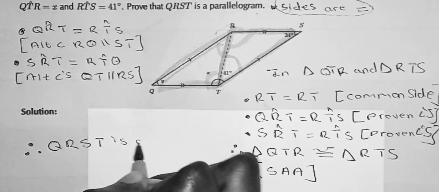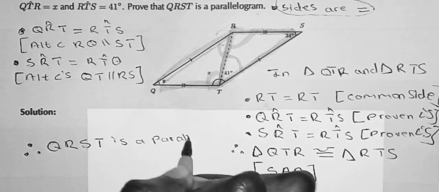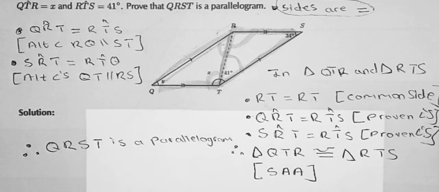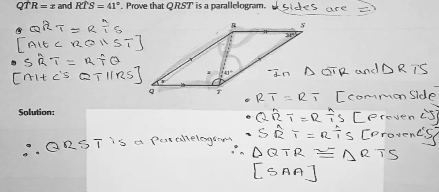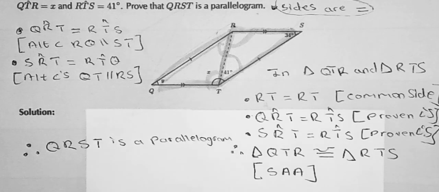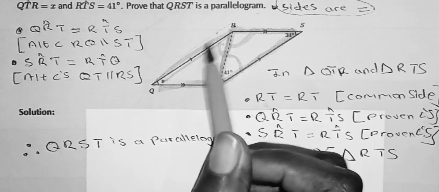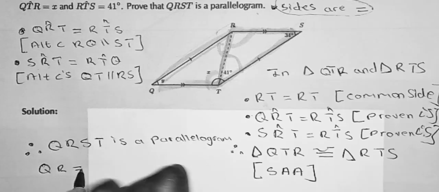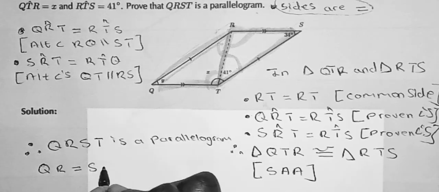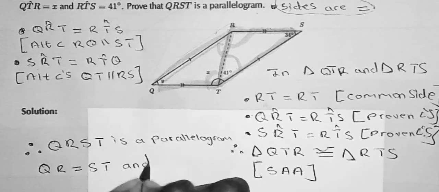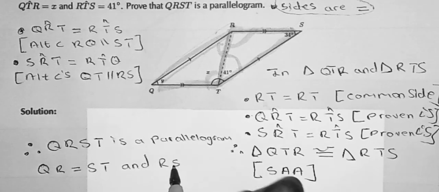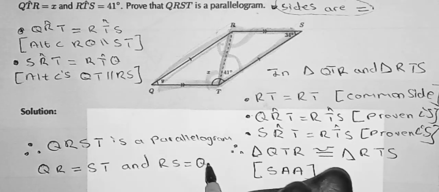QRST is a parallelogram. Why? Because QR is equal to ST, and RS is equal to QT.